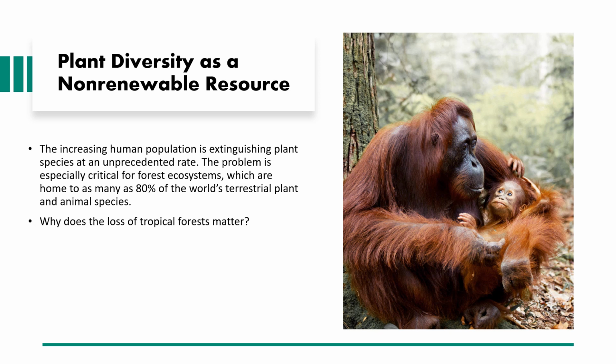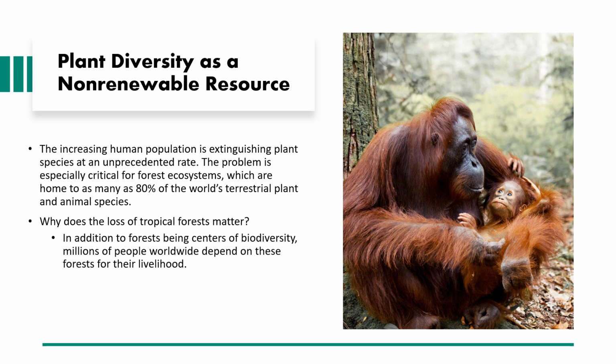Now, the forest ecosystems are going to be home to more than 80% of the world's terrestrial plant and animal species. And so we're losing both plants and animals. Now, why do these tropical forests matter? Well, they are going to be the home for millions of people, and they're going to depend on those forest ecosystems for their livelihood.